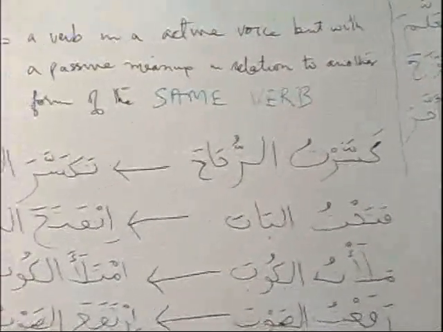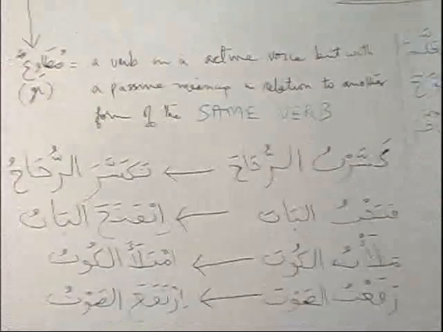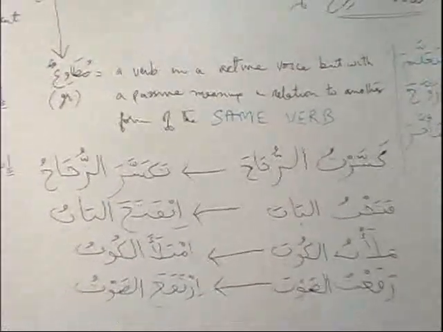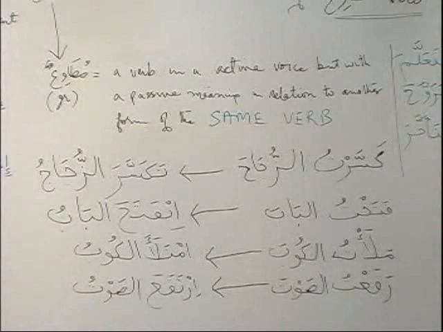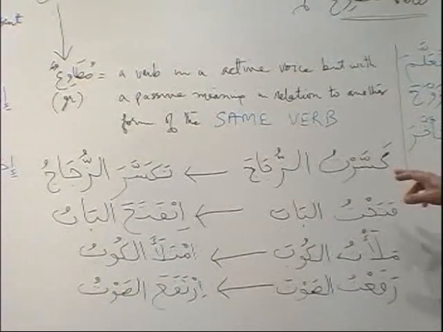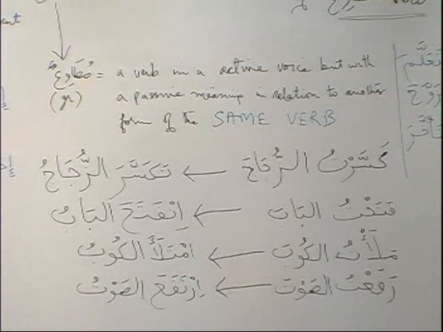Kassartu, form 2. Okay? And then we say takassara zujaju. I smashed the glasses to pieces. The next meaning is the glass smashed to pieces.